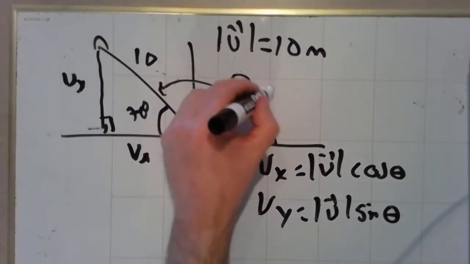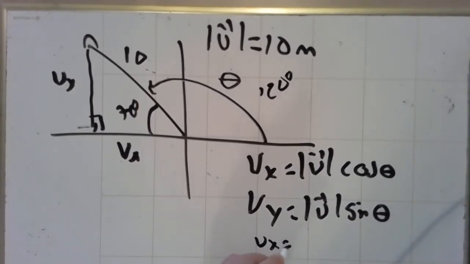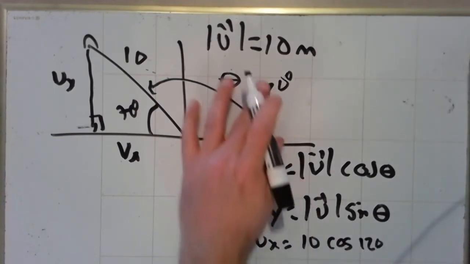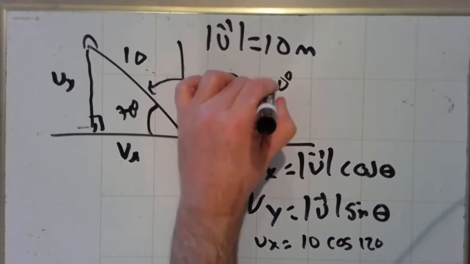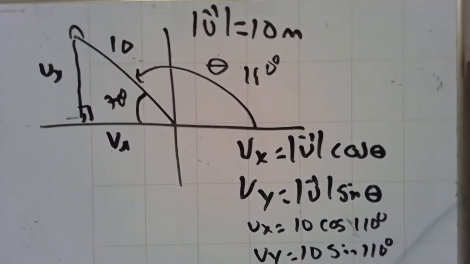It would work, and maybe we'll try it here. That angle here would be 120 degrees. So Vx, I guarantee you, type this in your calculator, will be 10 times cosine of 110 degrees. 180 minus 70. Vy is 10 sine of 110 degrees.